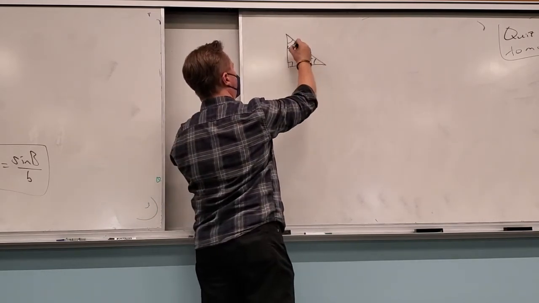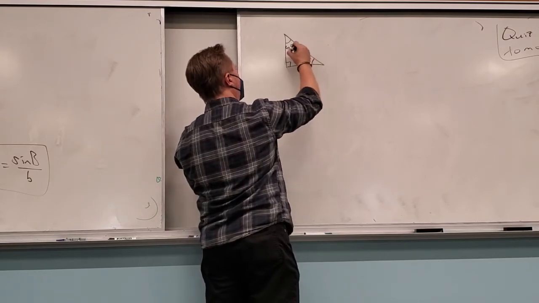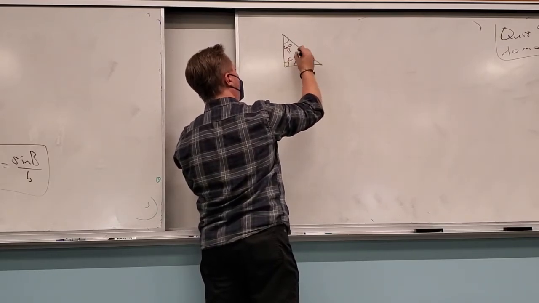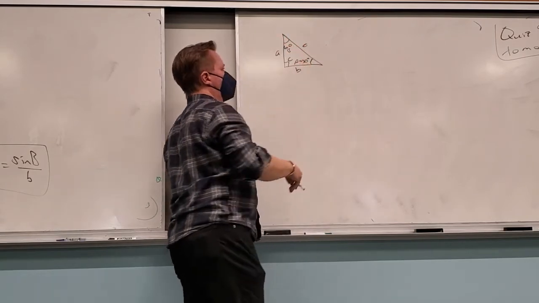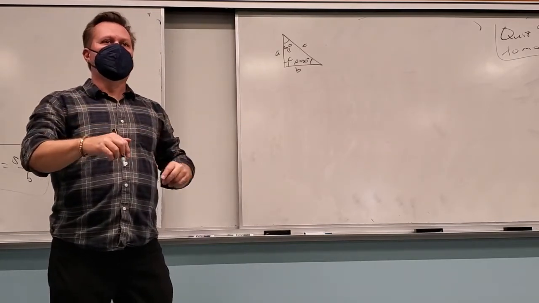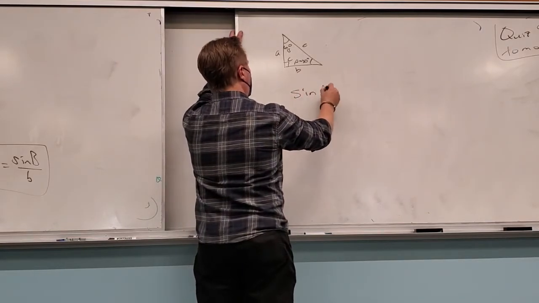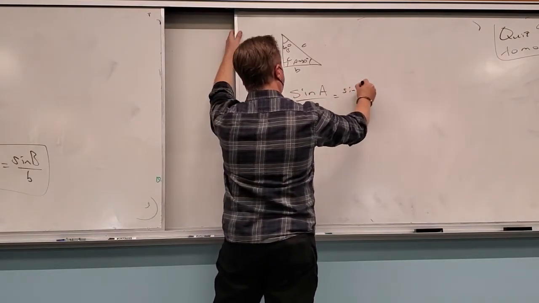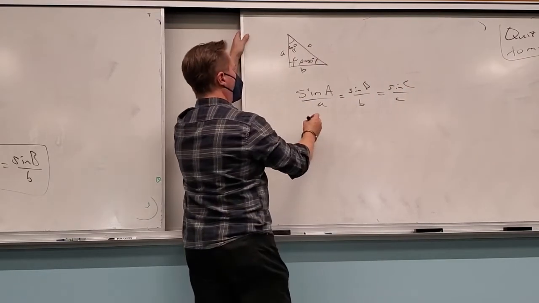So let's say this is A, this is B, and this of course is C. So again, this works for every triangle. So I just want to start with something concrete. So what this says is sine of A over A equals sine of B over B equals sine of C over C. So let's see where this works.